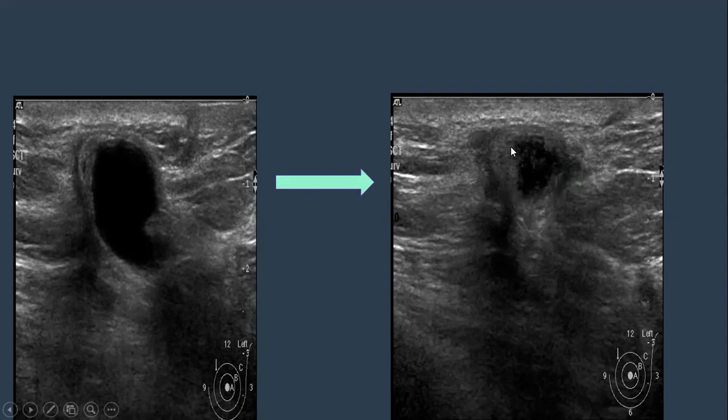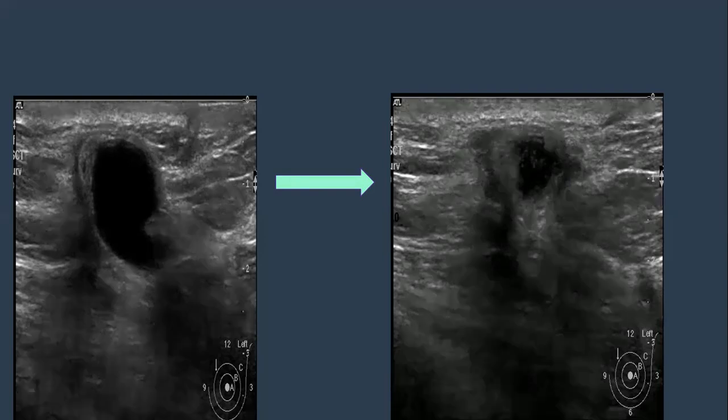The wall is getting thicker. And there is surrounding distortion and altered, mainly hyperechoic, and on mammography corresponding to hypodensity, spiculations, distortions, and evolving pleomorphic calcifications.